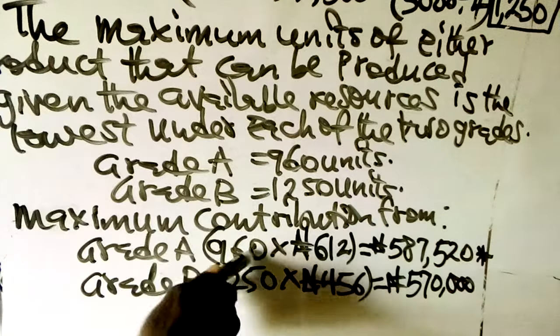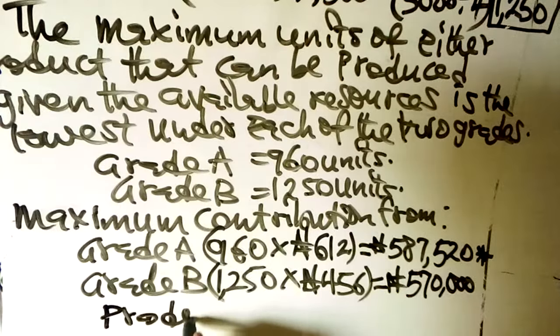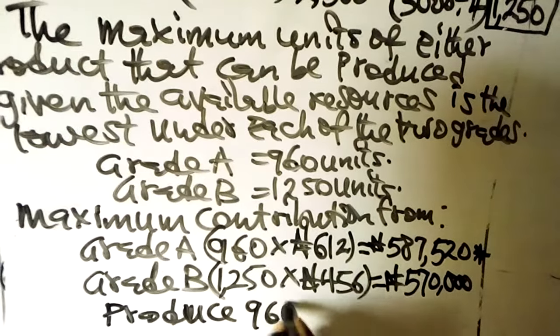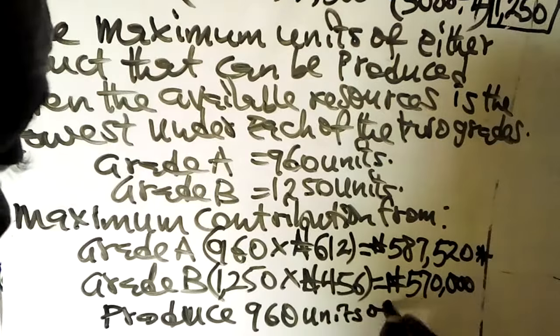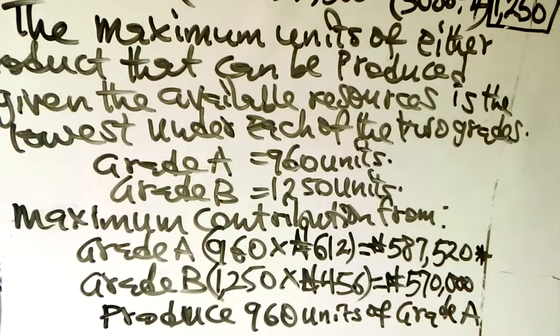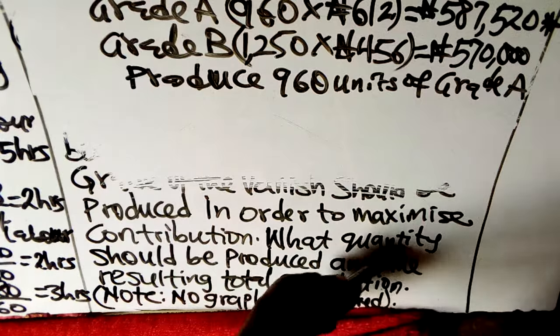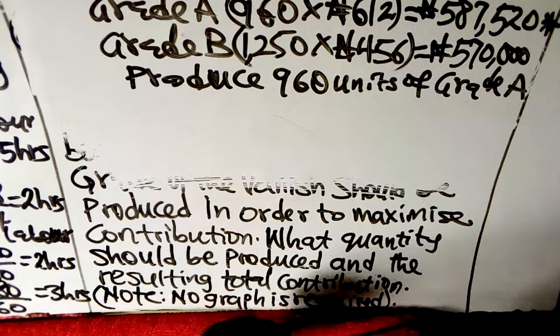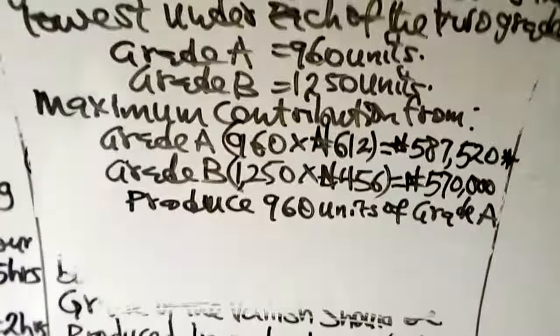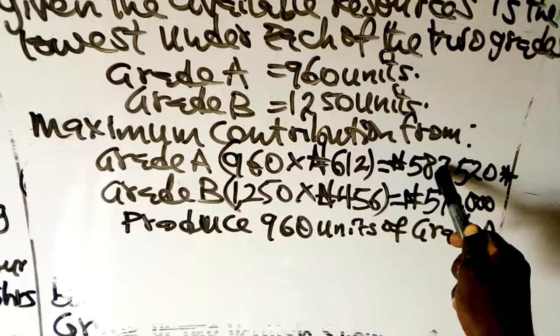So that means your advice should be that they should produce 960 units of grade A to maximize contribution. They should produce 960 units of grade A. And you were told what quantity should be produced and the resulting total contribution. So they should produce 960 units of grade A to earn contribution of 587,520.